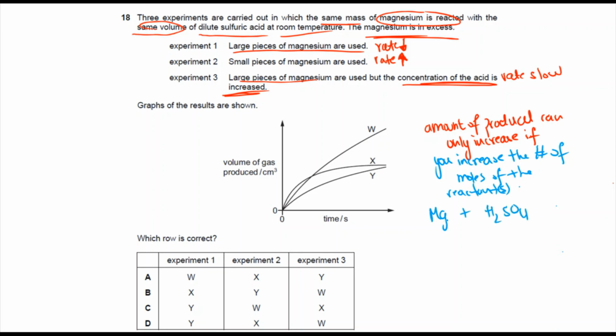They said that the mass of magnesium is constant, so this is constant. ठीक है, ये जब constant है तो ये तो vary नहीं हो रहा.